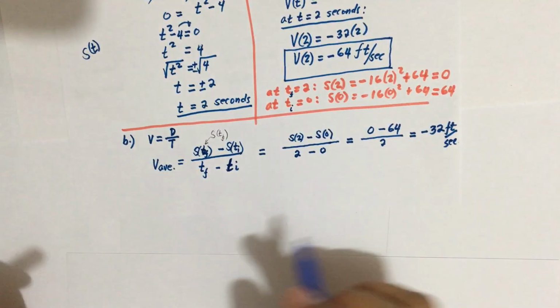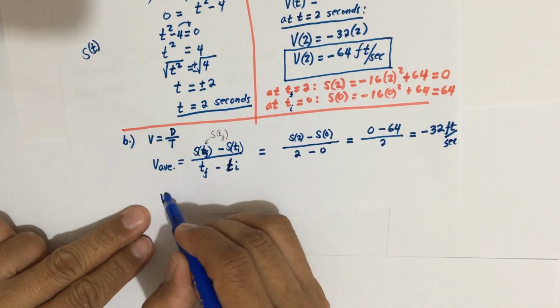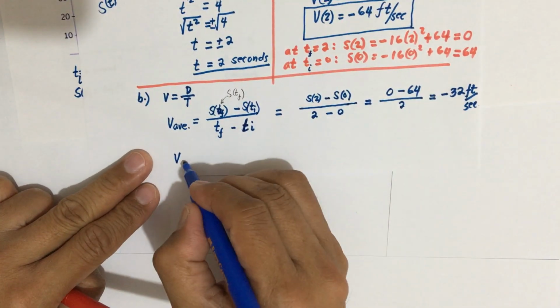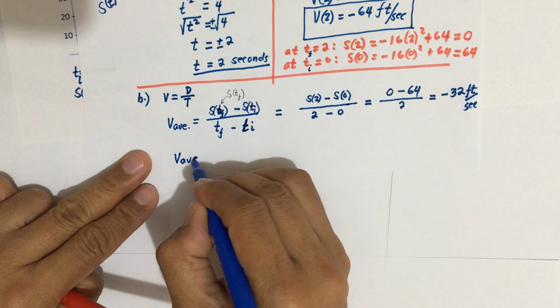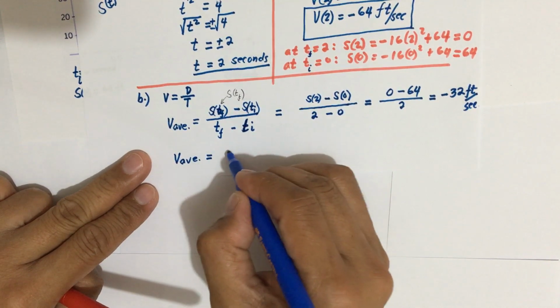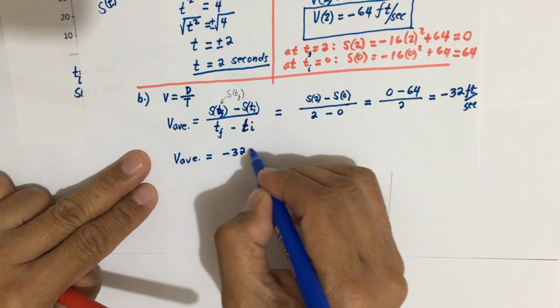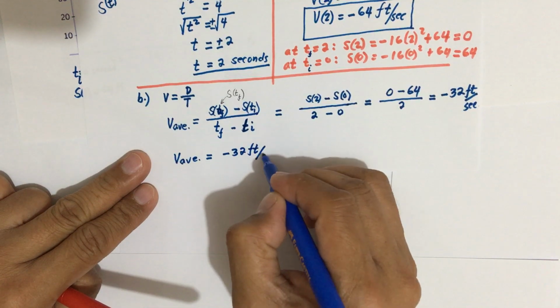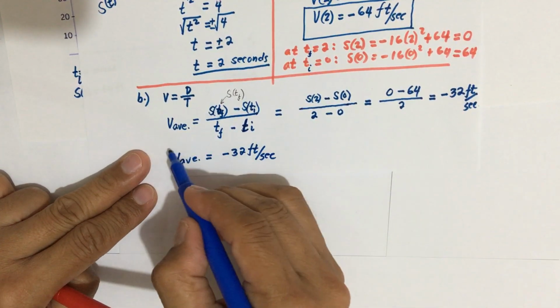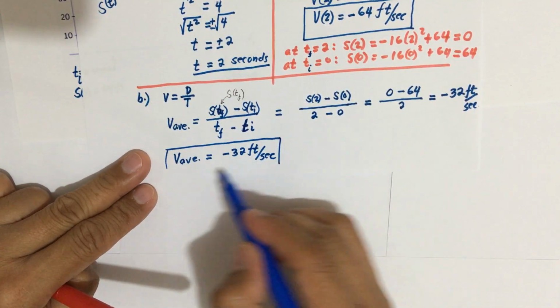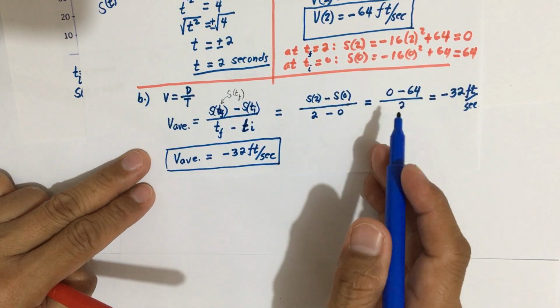So this is the average velocity. So v average, or average velocity, is equal to minus 32 feet per second. So this is our answer.